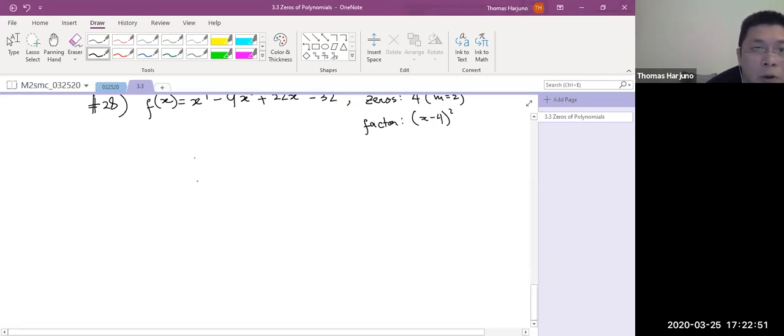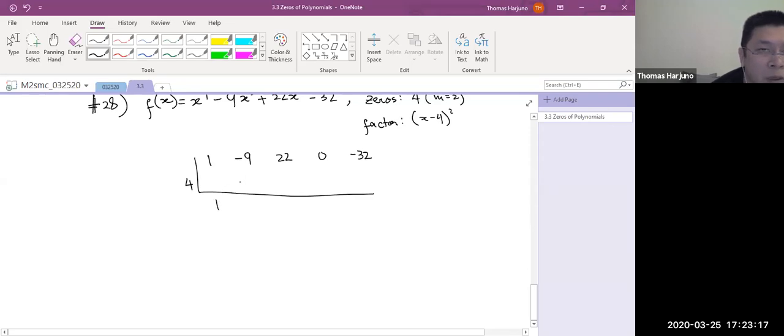Our polynomial has degree of 4. The coefficients are 1, negative 9, 22, 0, negative 32. Now I will use the first zero, 4, to reduce this polynomial from degree of 4 down to degree of 3.